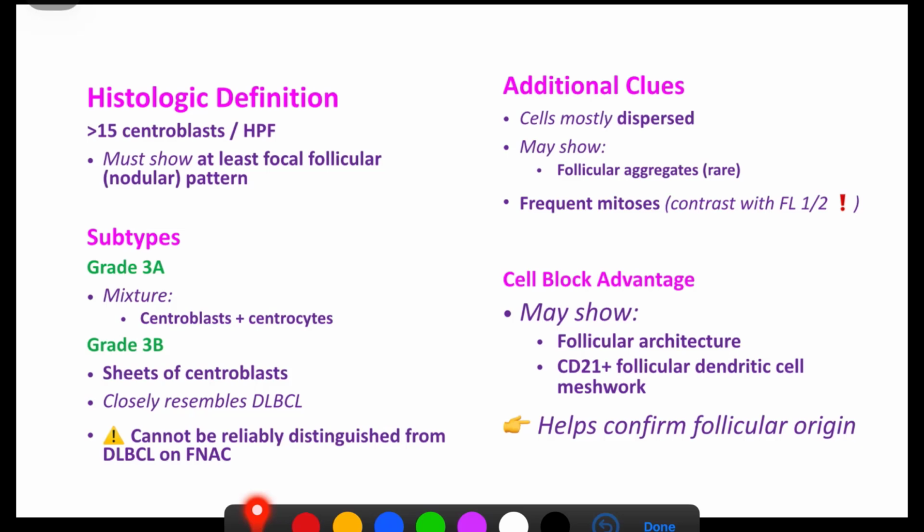So here cells are almost dispersed, may show follicular aggregates, and frequent mitosis is seen, which is not seen in grade 1 and 2. Now cell block advantage is there. It shows follicular architecture and CD21 positive follicular dendritic cell meshwork, which helps confirm follicular origin.